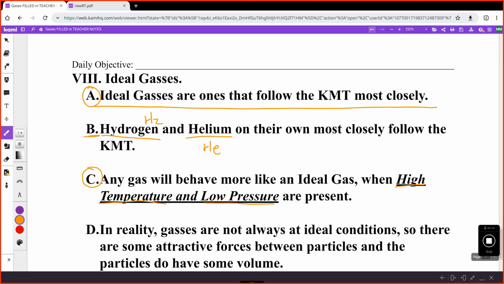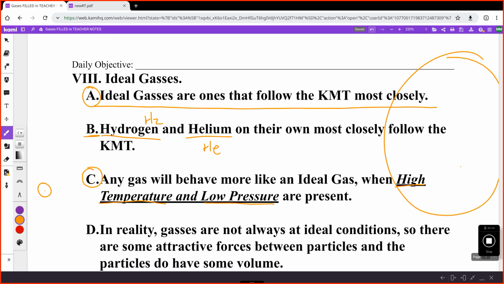And what that does is it decreases the ratio of the molecule size to the size of the gas. Right, so this dot taking up that much space is much more of a significant volume than if I had the same dot in a much larger volume.